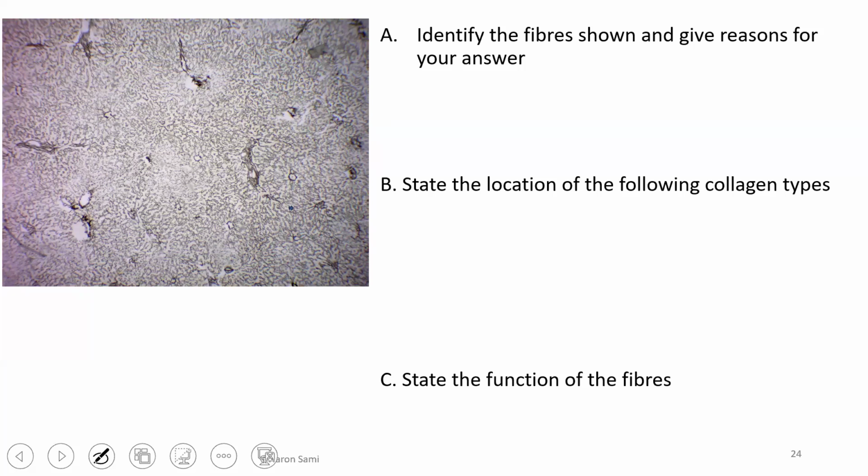So any reticuloendothelial organs: spleen, liver, bone marrow, and the lymph nodes. That's where you find reticular fibers. So go read on the reticuloendothelial system and find out which organs form it, because that is where you find the reticular fibers.